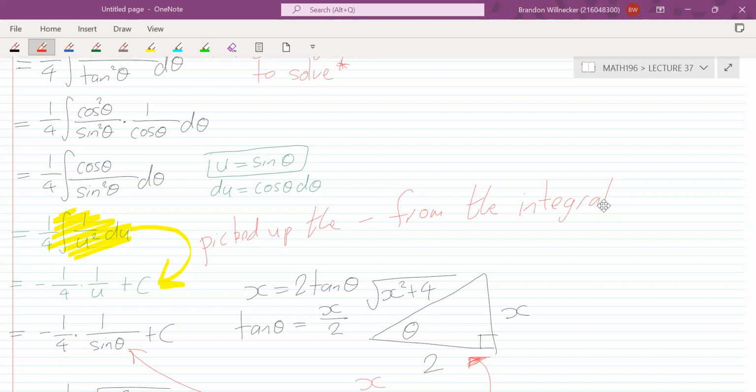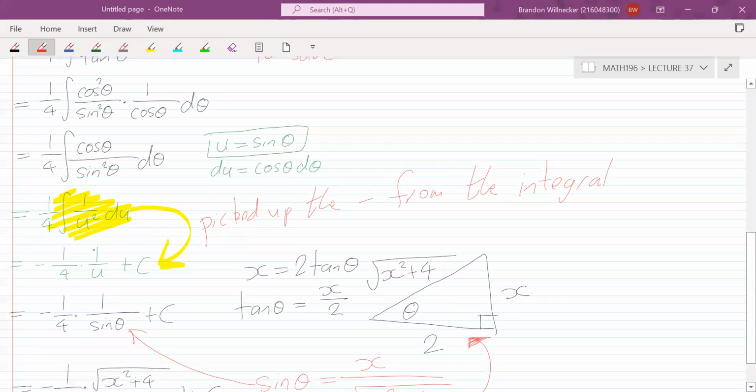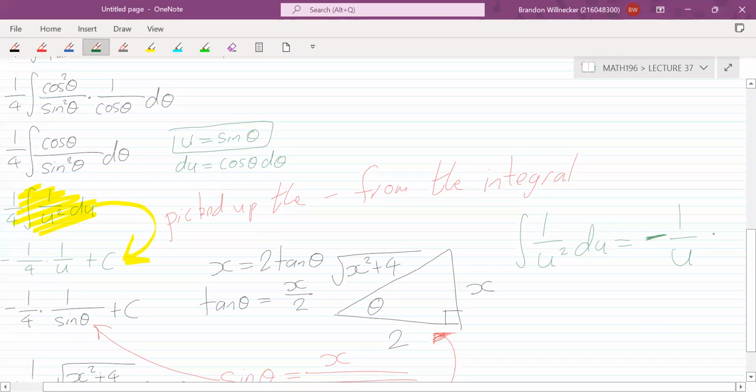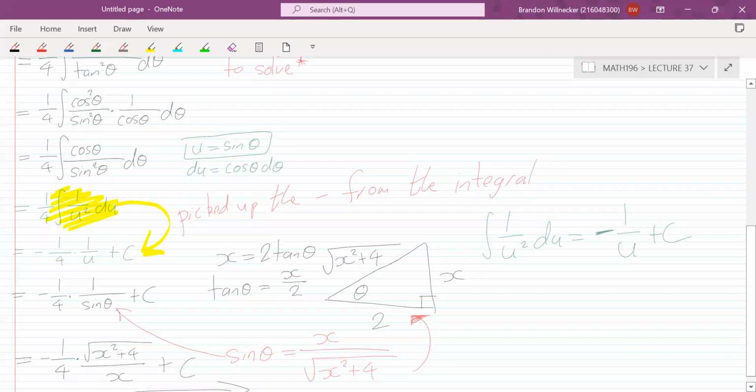Okay, another question here. How you got the negative sign? Oh, okay, same question there. Yeah, so that's just from the integral. The integral of 1 over u squared gave us minus 1 over u plus c. So then I just put the minus out in front.